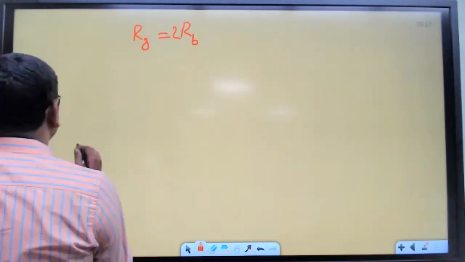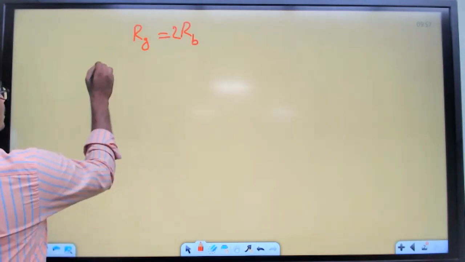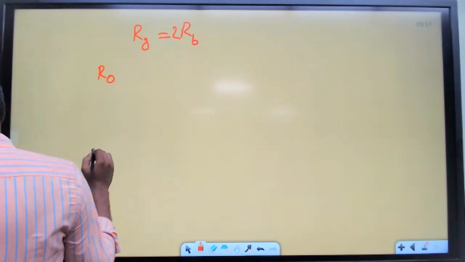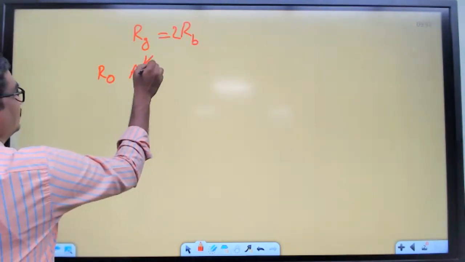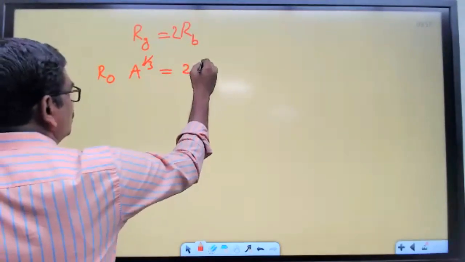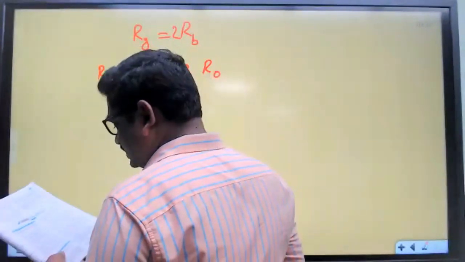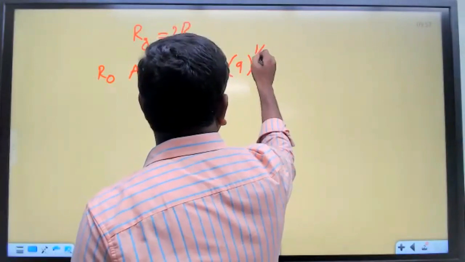Then radius formula R equal to R naught into A power 1 by 3. For germanium, A power 1 by 3 equal to 2 into R naught into A value of beryllium, which is 9, whole power 1 by 3.